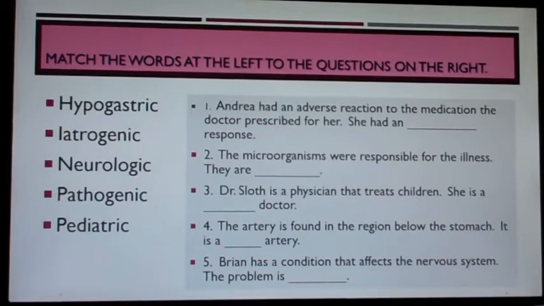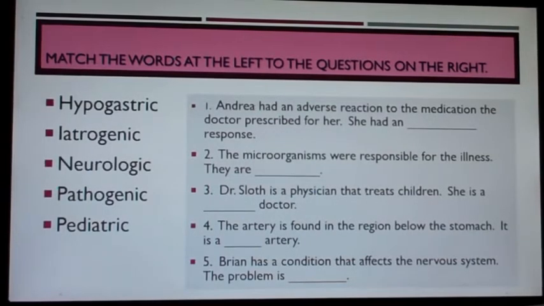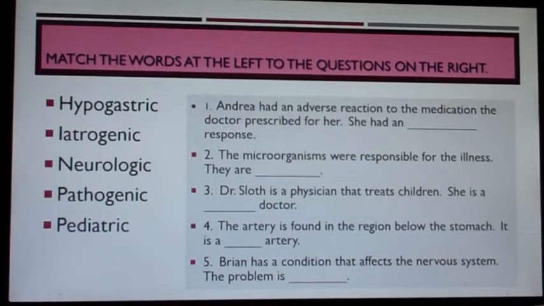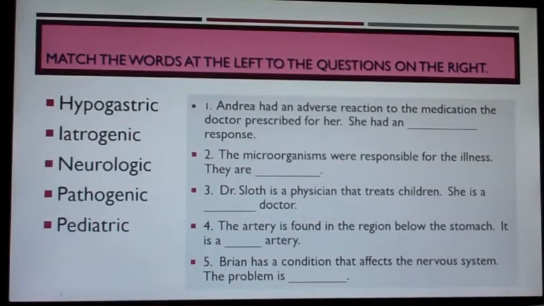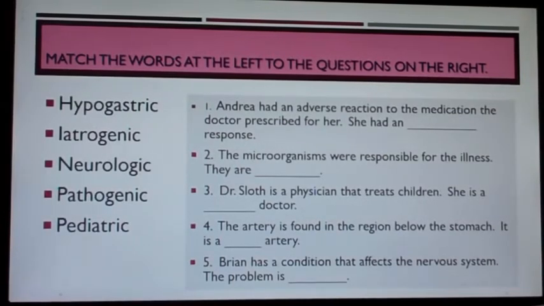Number 4. The artery is found in the region below the stomach. It is a blank artery. Number 5. Brian has a condition that affects the nervous system. The problem is blank.